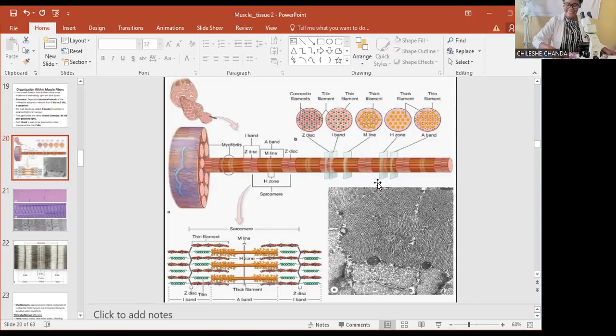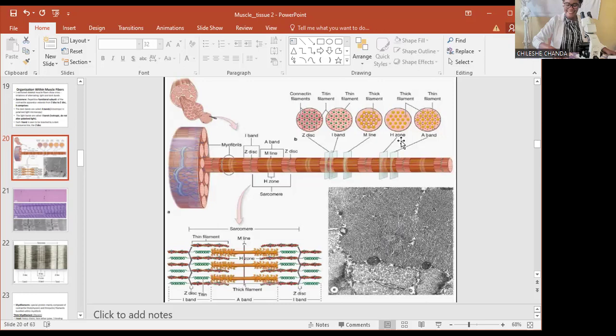If you cut this sarcomere at the A band, at the M line within the A band, remember we said that here at the M line, you only have thick filaments alone. And so those are the ones you're going to see there, thick filaments alone.